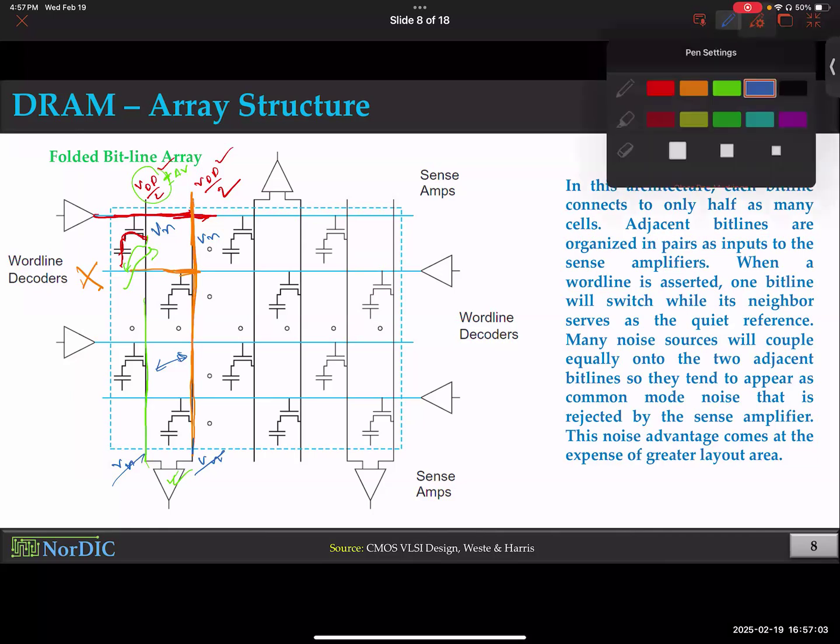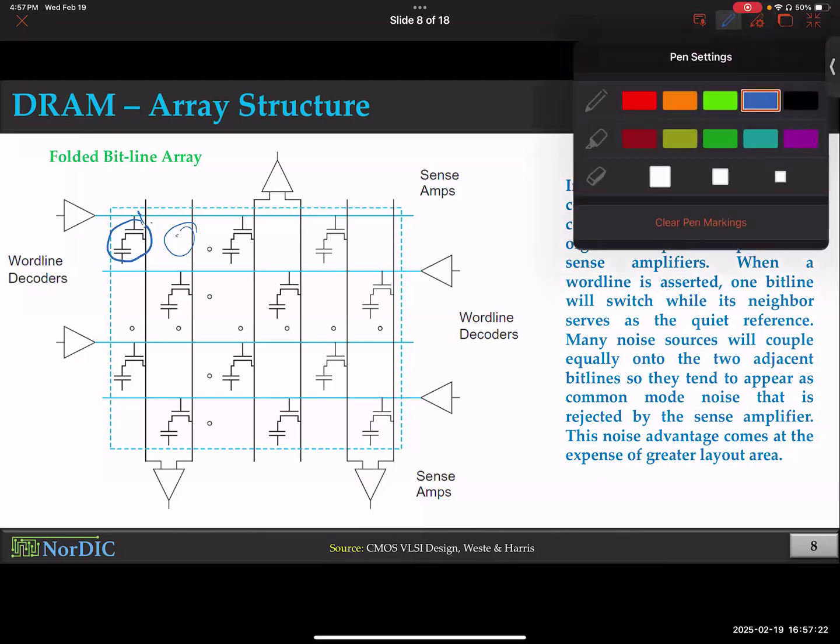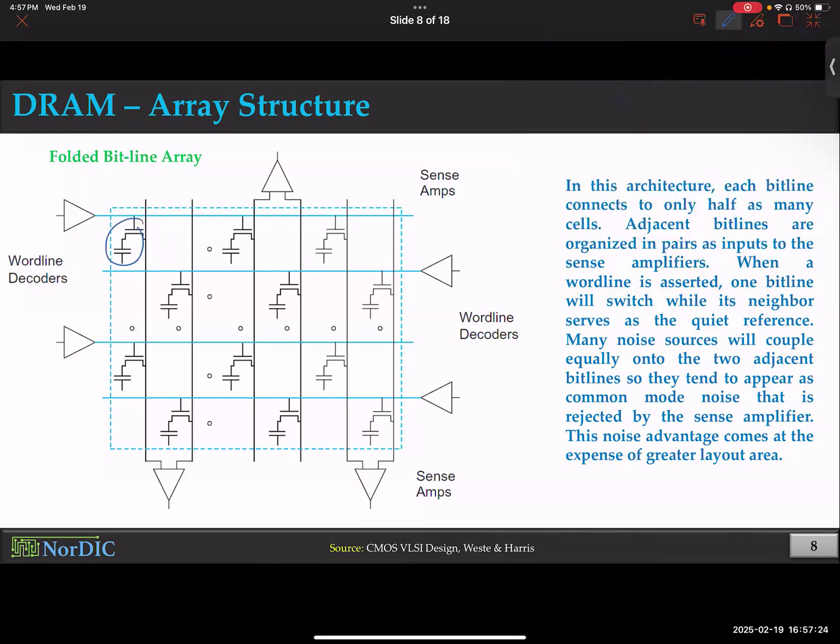And what is the bigger disadvantage? Of course, if you could connect all the cells to the same bitline, you could have saved area. But by going through the folded bitline approach, we are basically wasting a lot of area. For example, you connect this cell to this bitline and don't connect anything here.